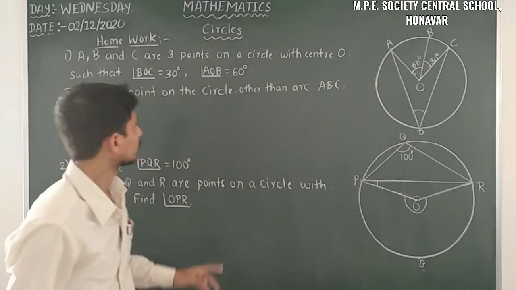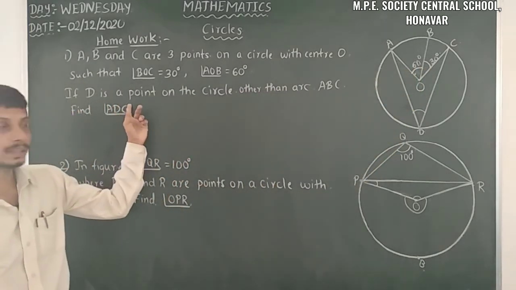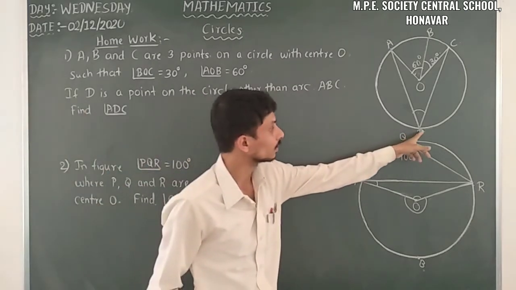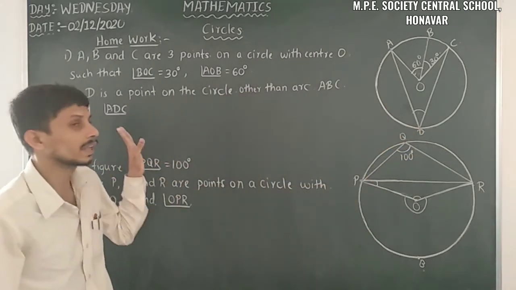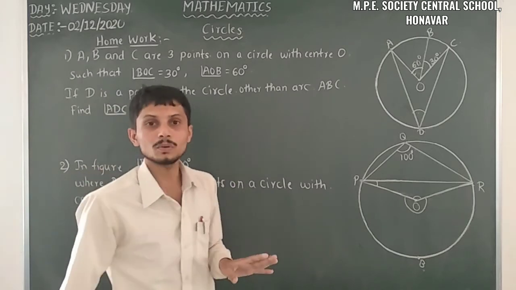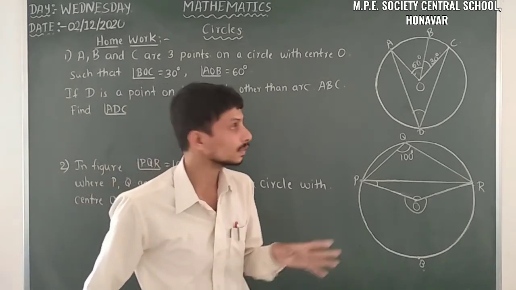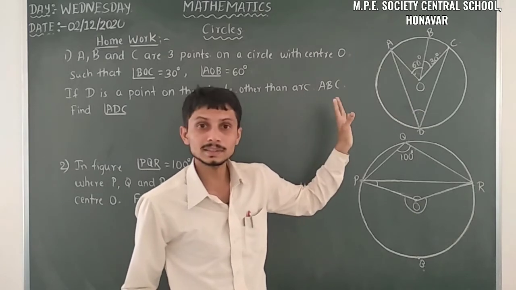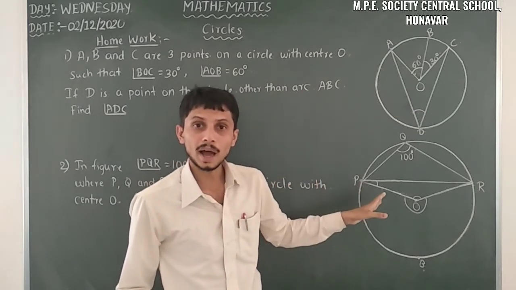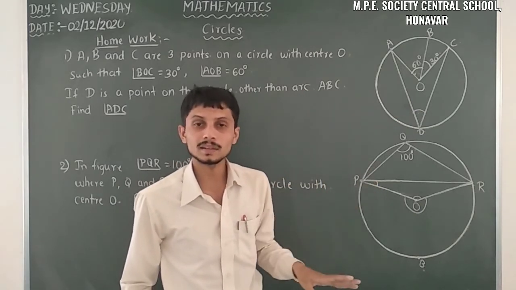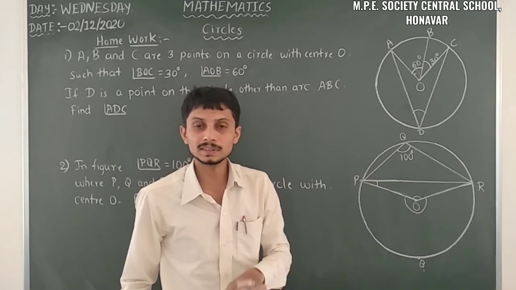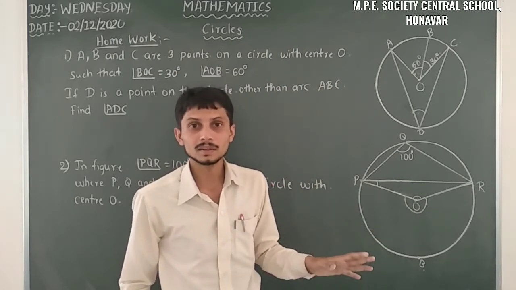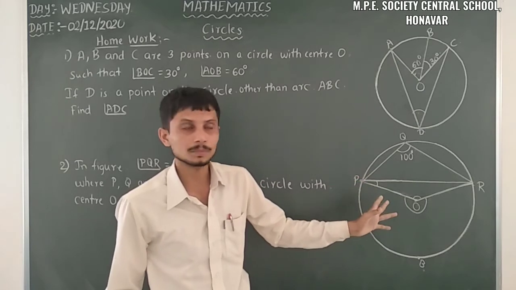Then we have a point D on the remaining part of the circle other than A, B, C. So here we have the point D. We have to find angle ADC. Already we know theorem 10.8, that is, the angle subtended by an arc at the center is equal to double the angle subtended by the arc at a point on the remaining part of the circle.